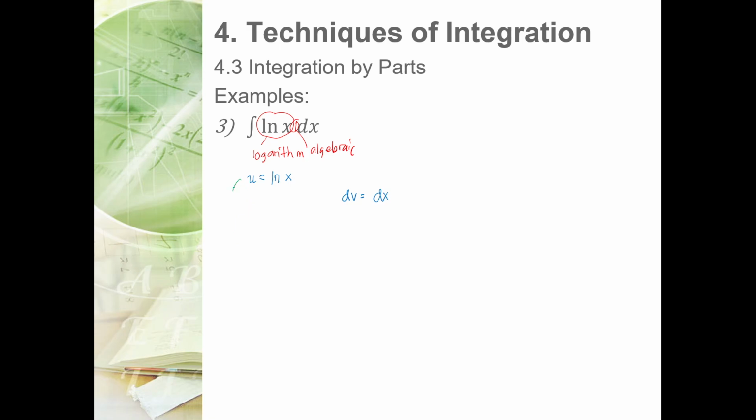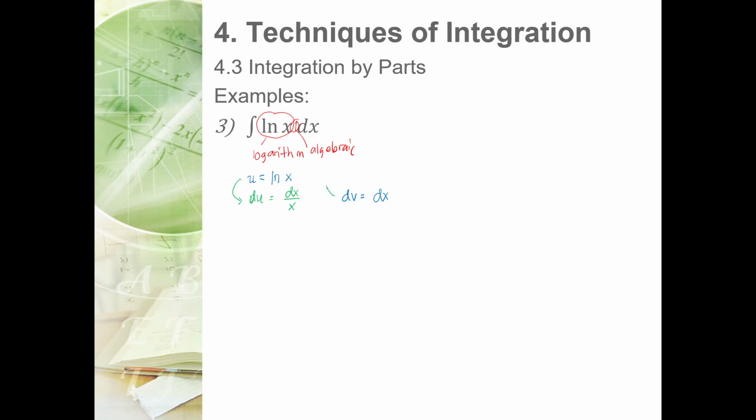So deriving the u parameter, you have du. As per differential calculus, the derivative of ln u is du over u. So this one should be dx all over x.